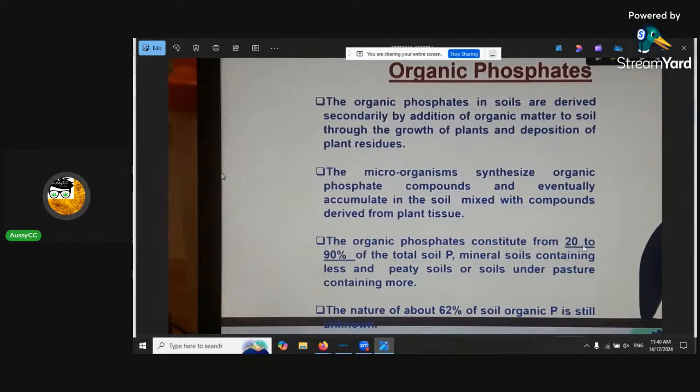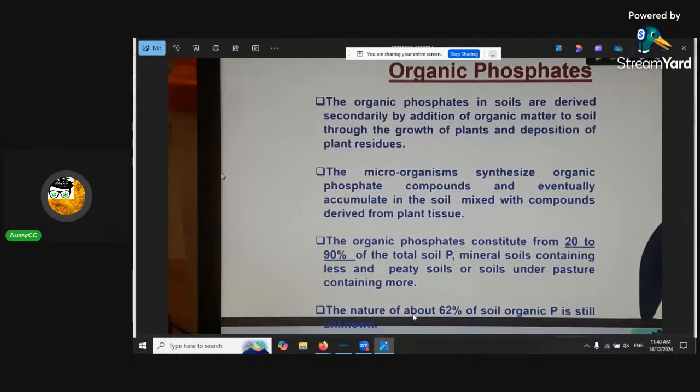The organic phosphates constitute 20 to 90% of total soil P. Mineral soils contain less and peaty soils under the pasture contain more. So the organic phosphates constitute 20 to 90% of the total P in the soil.